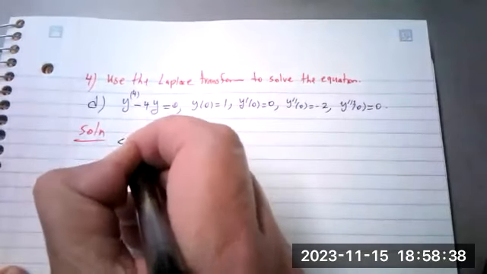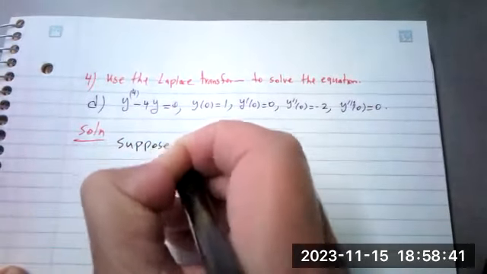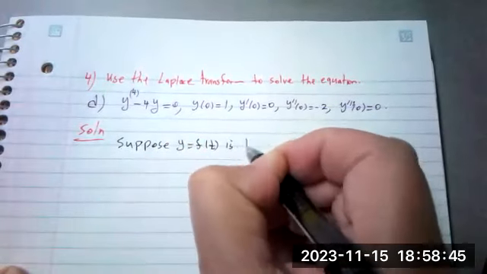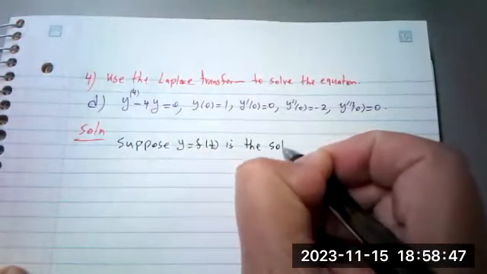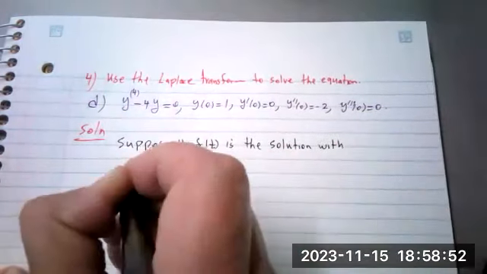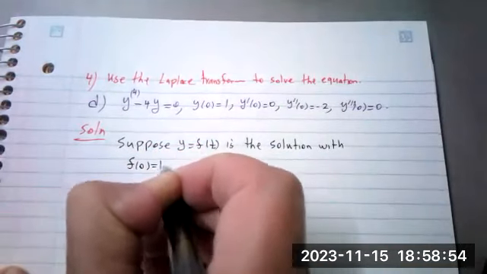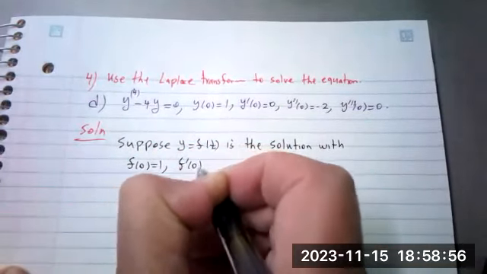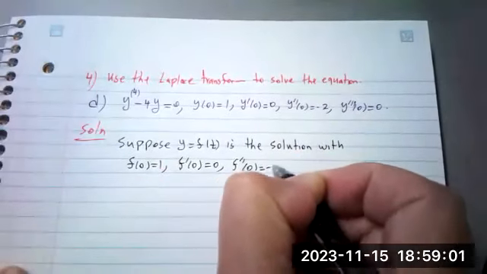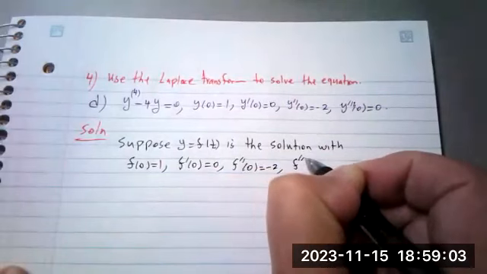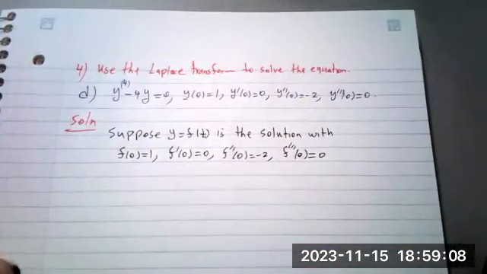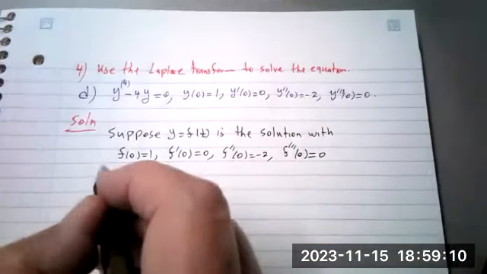So suppose y equal to f of t is the solution with the following conditions: f of 0 is 1, f prime of 0 is 0, f double prime of 0 is -2, and f triple prime of 0 is 0. Now take the Laplace transform.